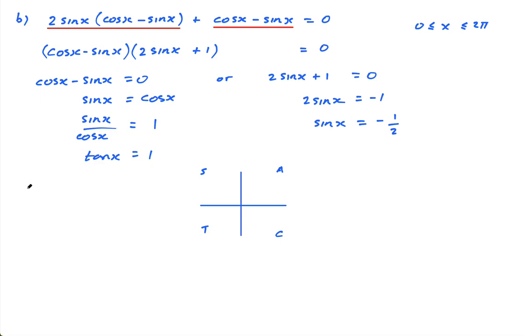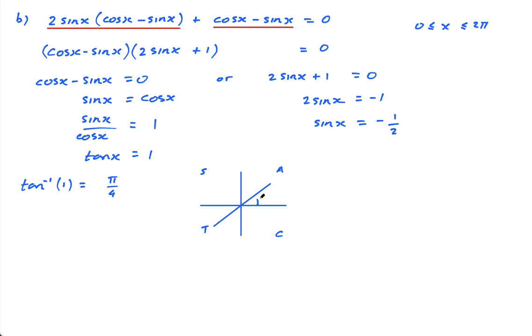C-A-S-T. Okay, I'm going to first do inverse tan of 1, which gives me pi over 4. You have to know this, guys. Inverse tan of 1 is pi over 4. This is positive, so it's going to be in the All quadrant and in the Tan quadrant.